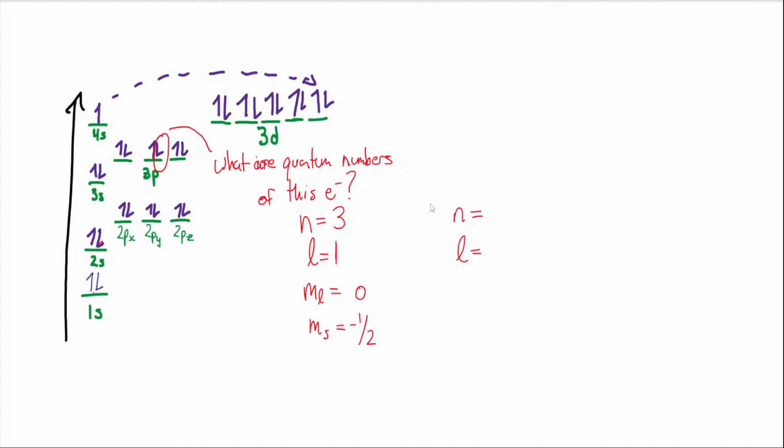Let's just try one more, and then I got to get running here. Okay, so let's try this one here. Good. So even though it looks like it's in the 4, right? We know it's 3D. Okay, good.